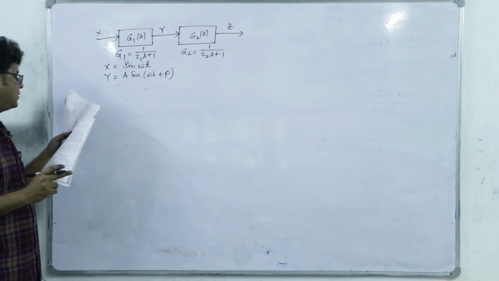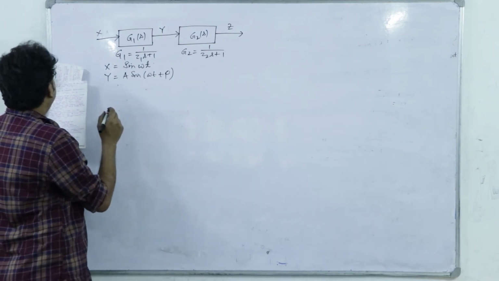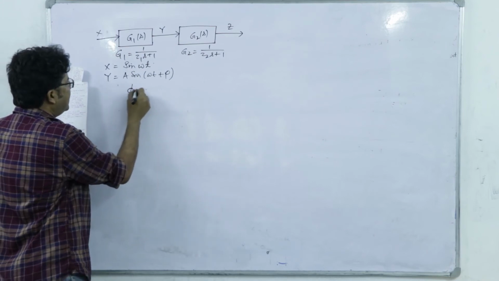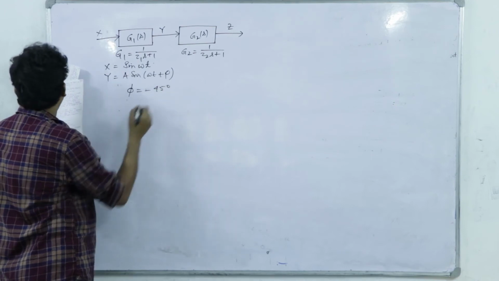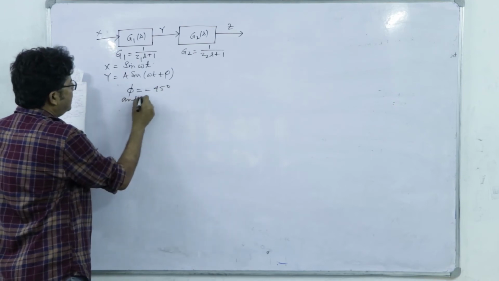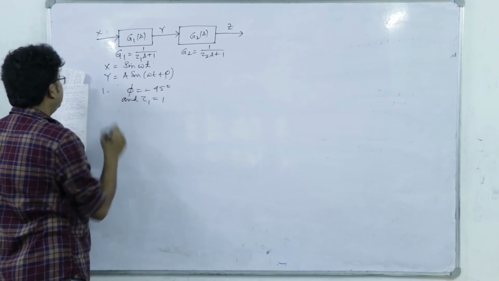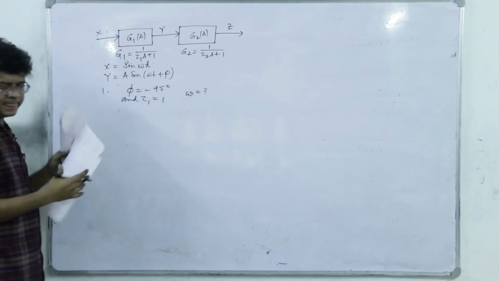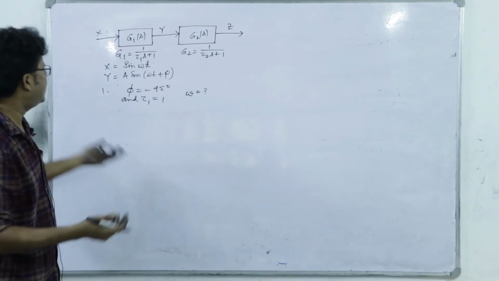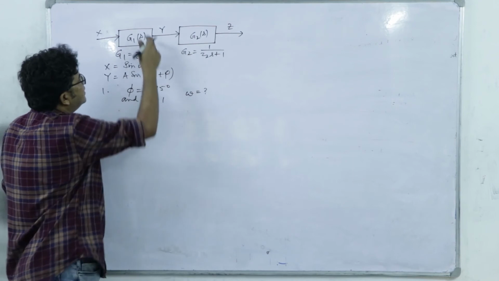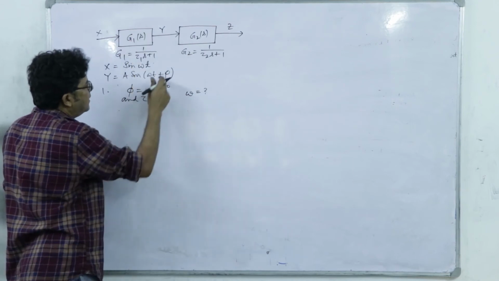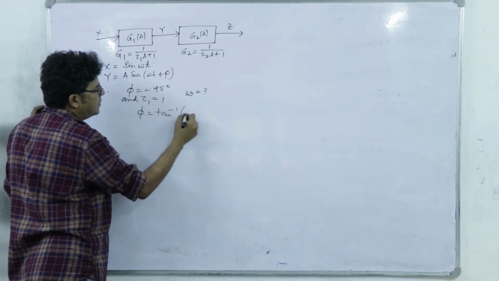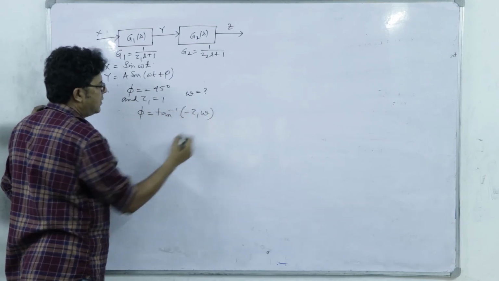Now the first question: if the response Y lags behind the input X by 45 degrees, that is phi is equal to minus 45 degrees, and tau 1 equal to 1, what will the input frequency be? It's very obvious that it's a first order process, for which phi is equal to tan inverse of minus tau 1 omega.